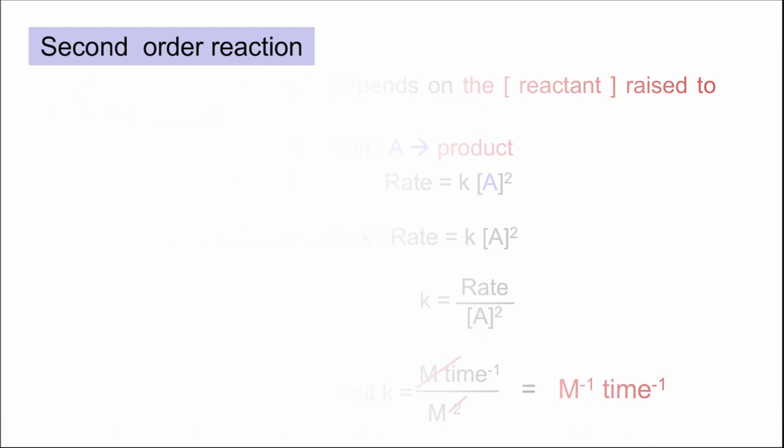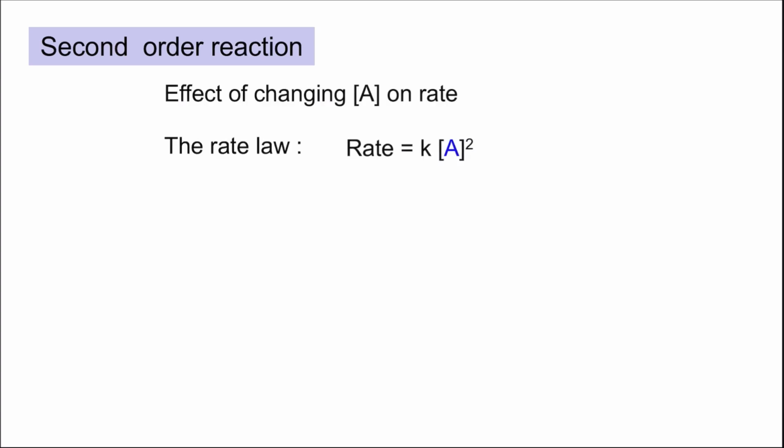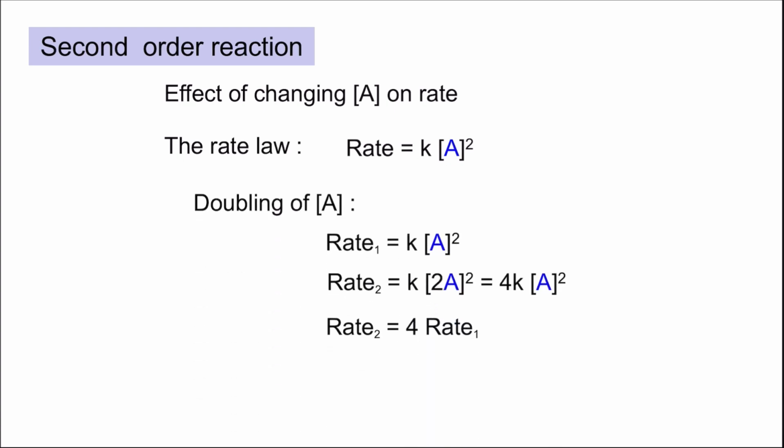And then, let's say I change the concentration on rate based on second order reaction di mana saya double the concentration A. Let's say ini adalah yang awal. Masih tak change apa. So, saya double the concentration. Apa yang terjadi, saya akan dapat 4K concentration A square.